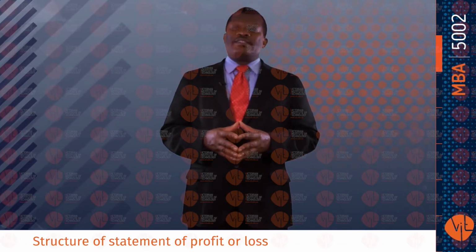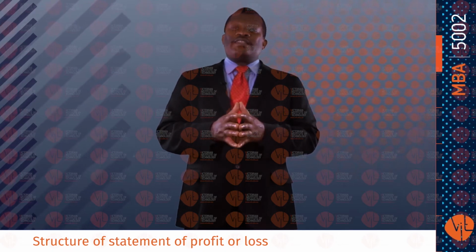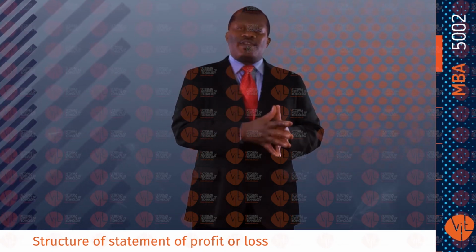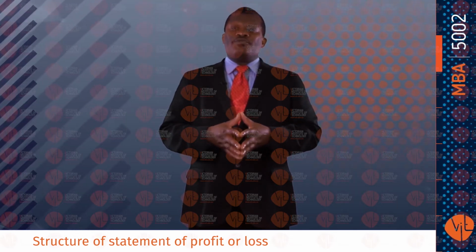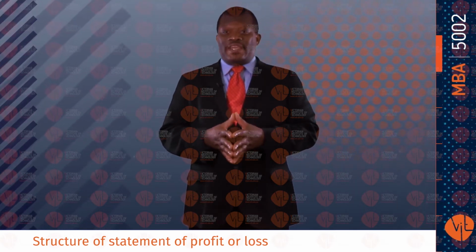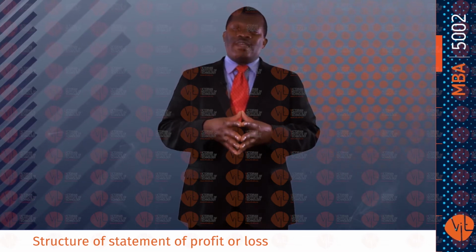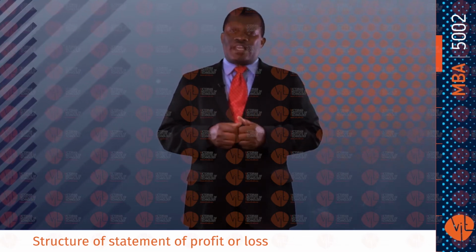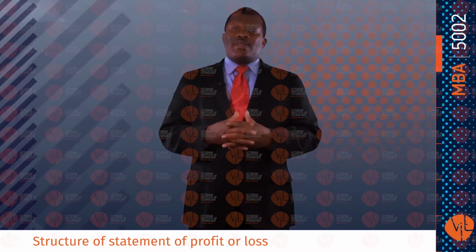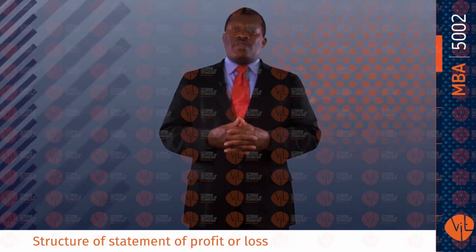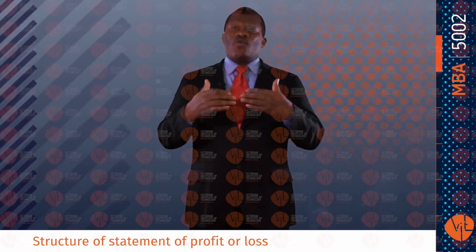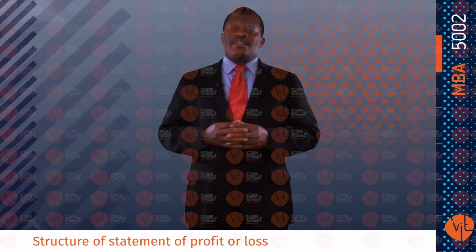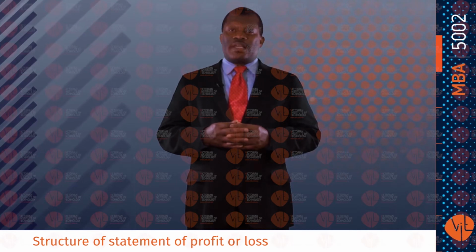So the common practice is that the profit generated after taking interest and tax, part of it will be distributed to shareholders as dividend. The other part is then reinvested into the company, so it is added to the company to generate growth into the future. So this is the structure that we have within the statement of profit and loss account.